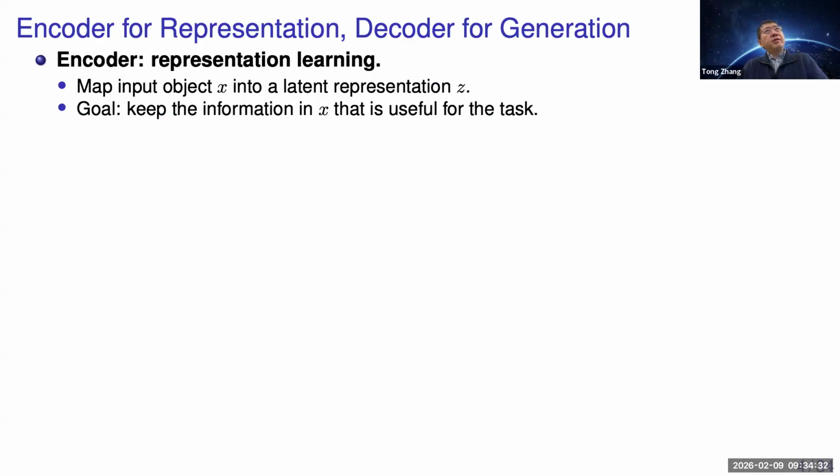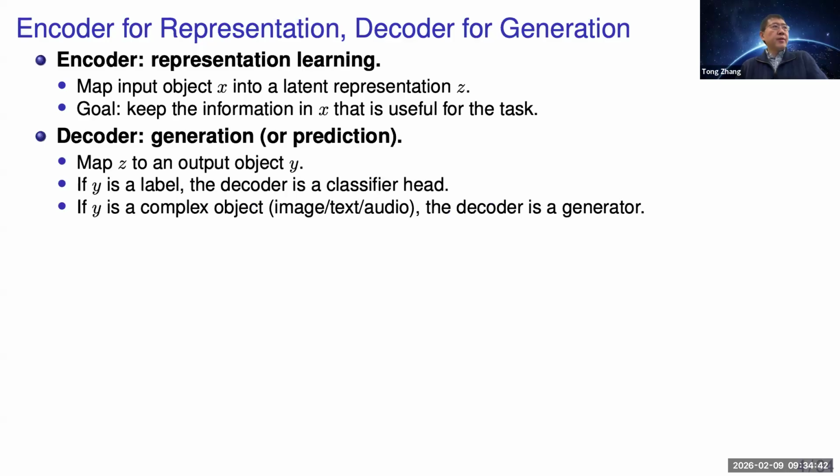When you plug in a decoder, you can use it for either prediction or generation. The decoder maps Z to the output object Y. If Y is a label, then it's prediction. If Y is a complex object, you can do generation.